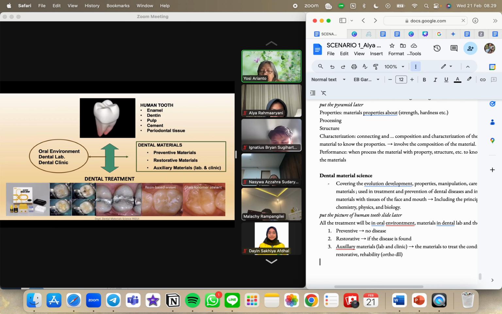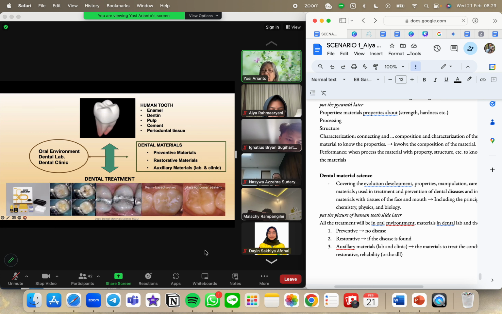For the fissures of your teeth, we cover them with resin-based sealants or with glass ionomer. This fissure is protected with resin or fluoride, so that it will not cause caries. Understand? Please let me know if you don't understand, then you can just ask me.